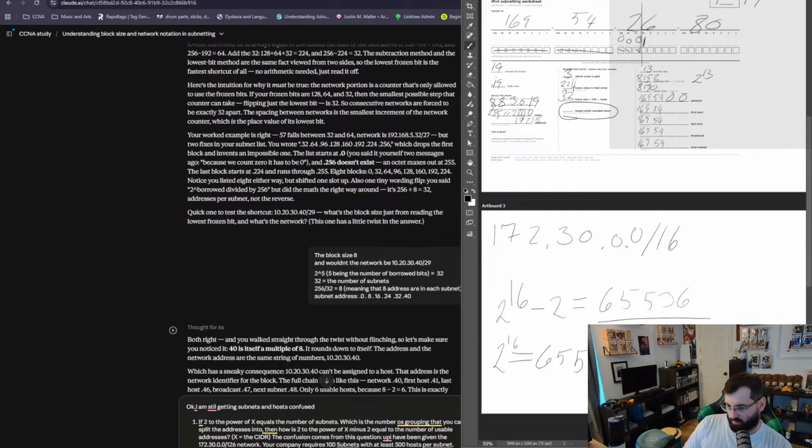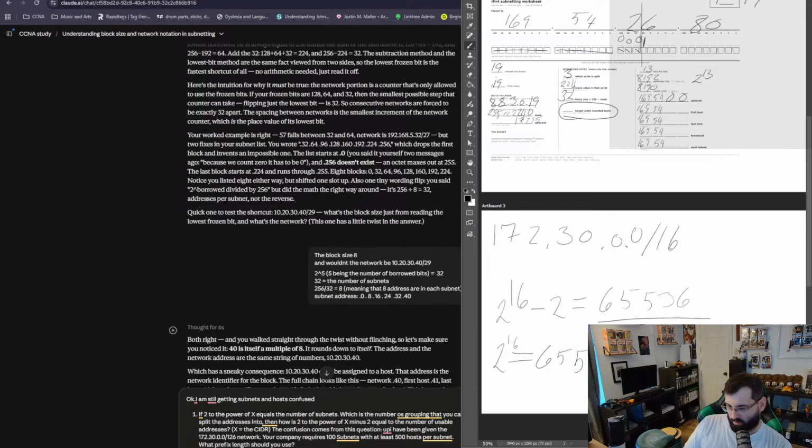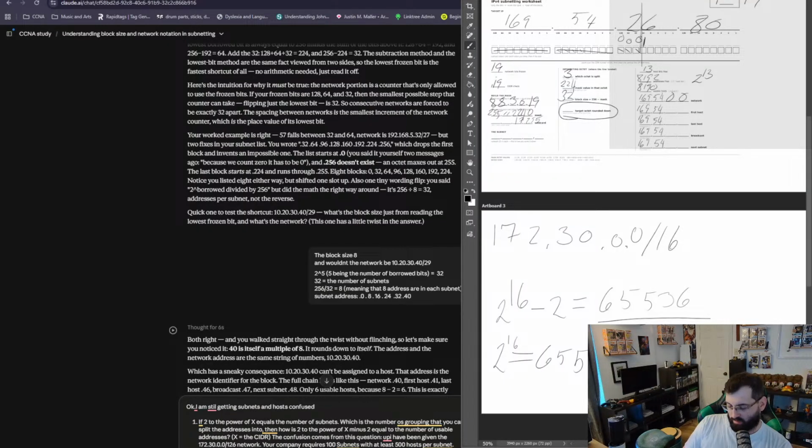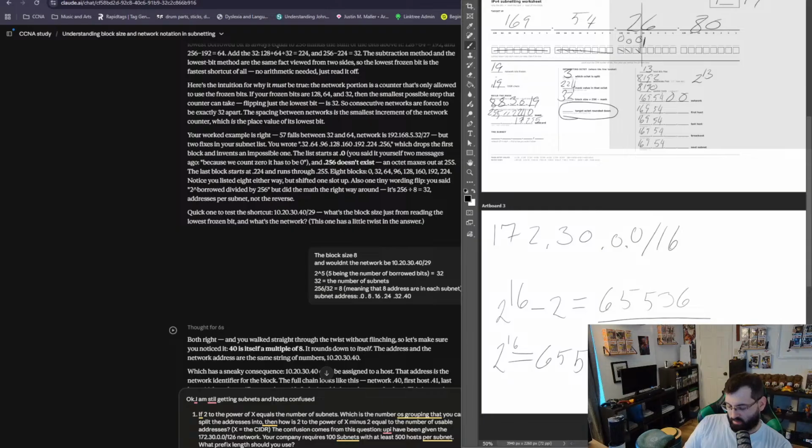And so that means there are 512 subnets, but that also means that in each subnet there are only 2 addresses?